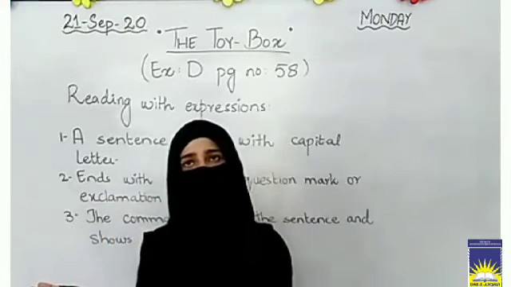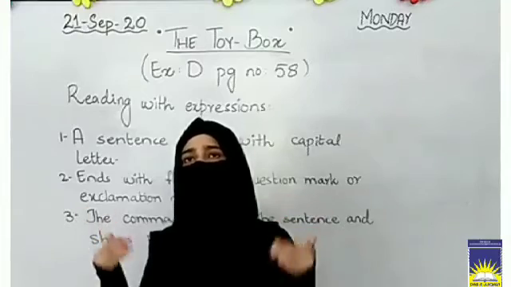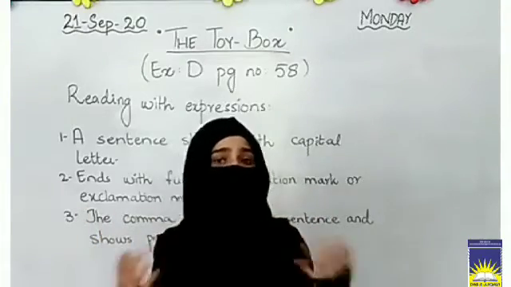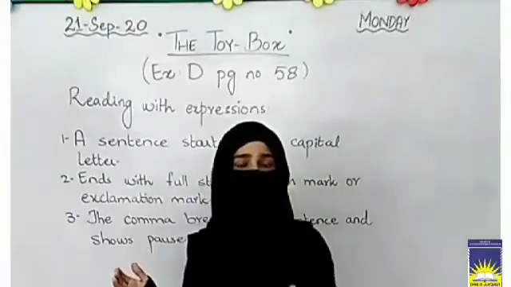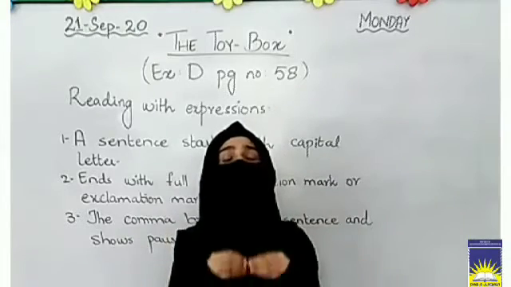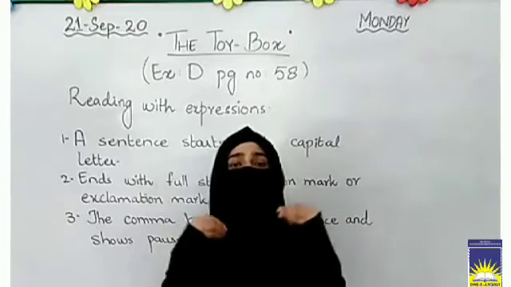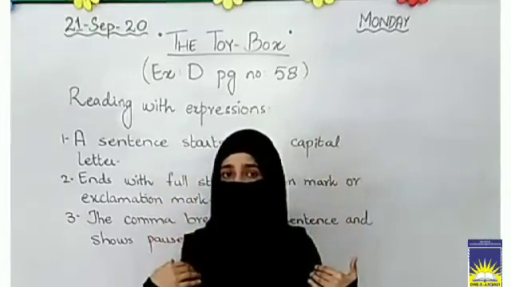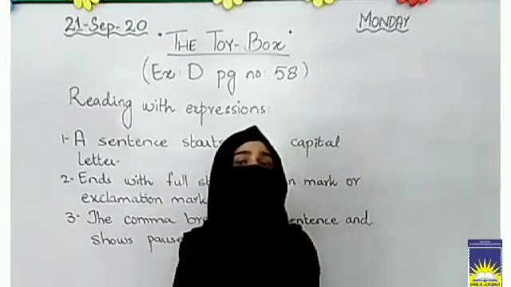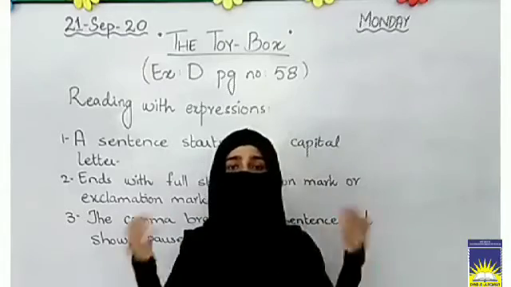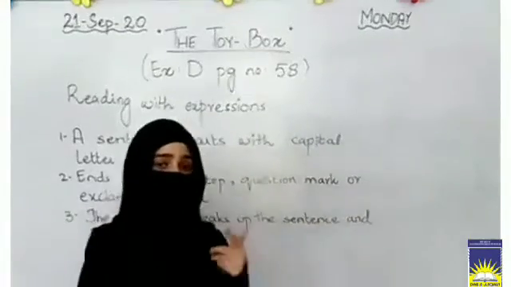For example, if it is written "Wow" with an exclamation mark at the end, how will I read it? Wow! This is how when I read it, the listener can get the idea that there is something very exciting. So this is how we have to be very careful about giving expression while reading.